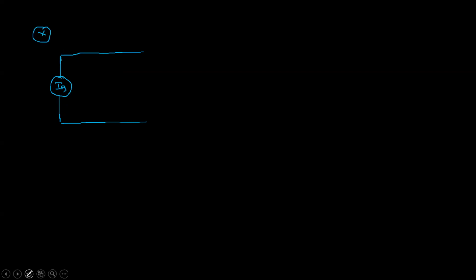One wire is given CD. I think this is not moving, wire CD is fixed. AB is moving with a velocity V, and the current is given I.